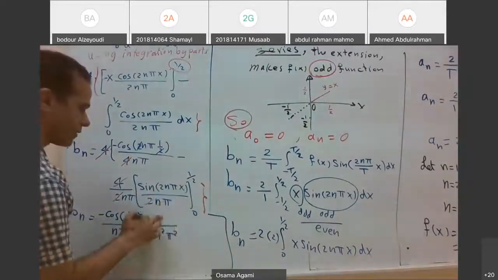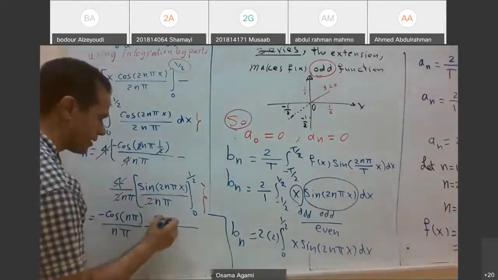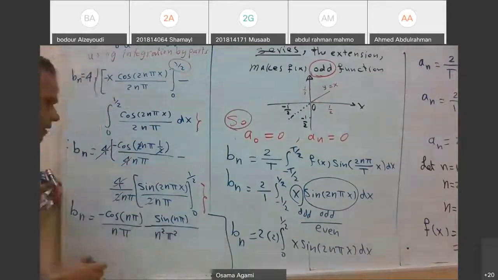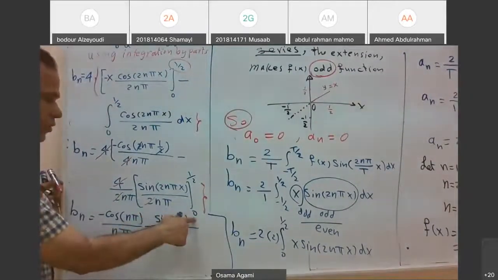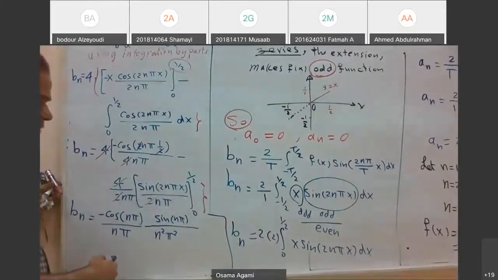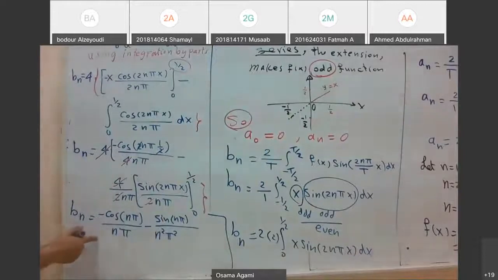So I have sine n pi. When I substitute by 0, sine 0 will be 0, so no need to write it down. So this is my Bn.